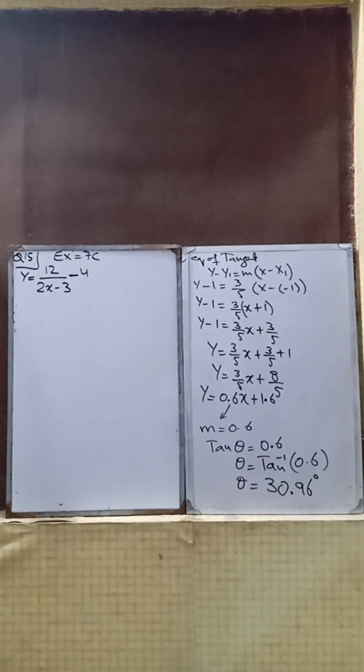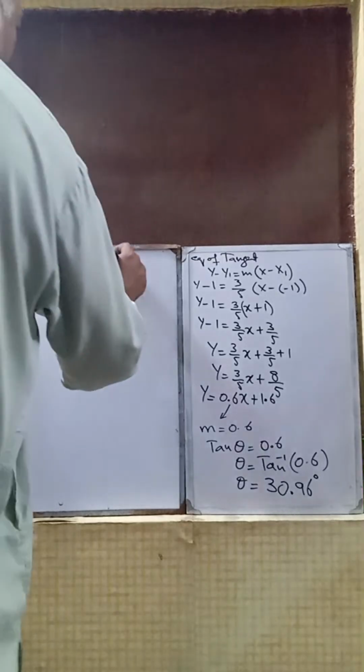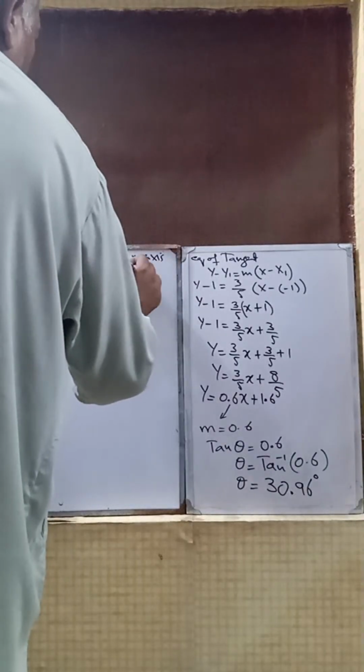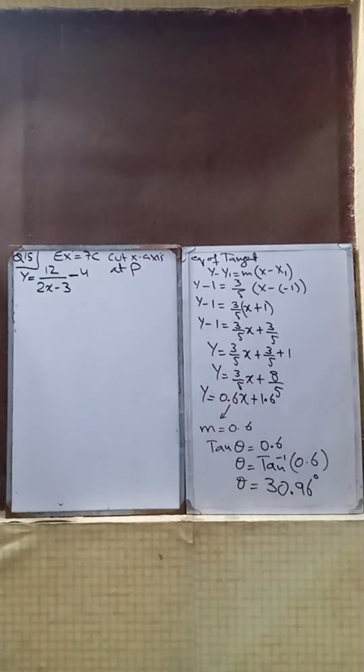The curve y equals 12 divided by 2x minus 3, minus 4, intersects the x-axis at the point P, and the tangent to the curve at P intersects the y-axis at Q. Find the distance PQ.